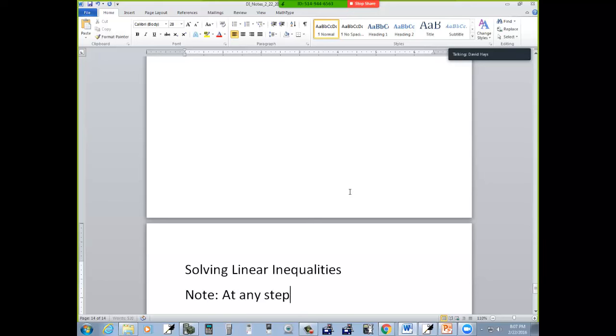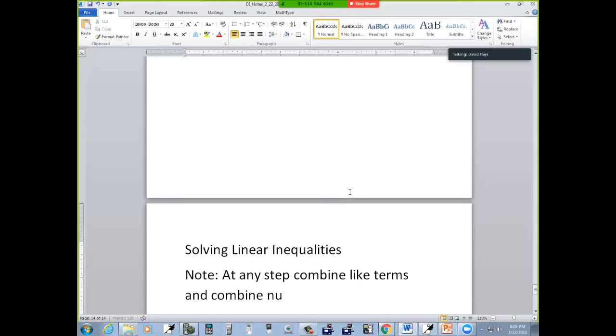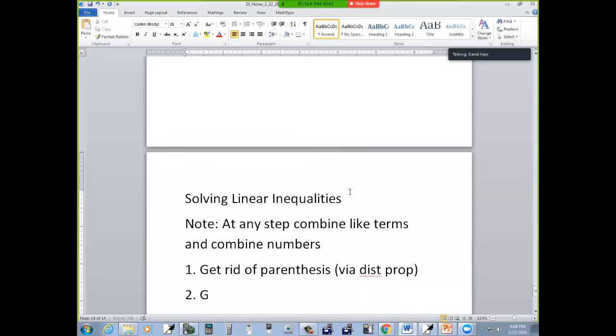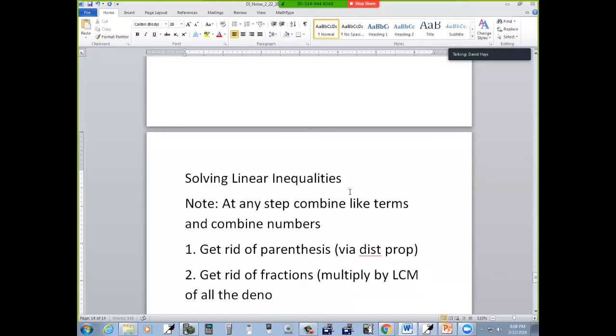It says at any step, combine like terms and combine numbers. Our first step says to get rid of parentheses. And we do this via the distributive property. Our second step says to get rid of fractions. And we'll multiply by the LCM of all the denominators.